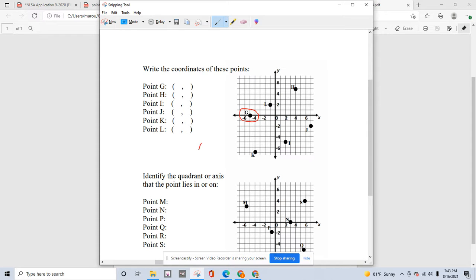Remember, the first coordinate is x. The second coordinate is y, right? So do we go anywhere on our x? We start at the origin. Do we go 1, 2, 3, 4, 5? So -5, we go left -5. Do we go up or down? Nope. So it's 0. That's a tough one. Those are the most difficult ones, the zeros, okay?